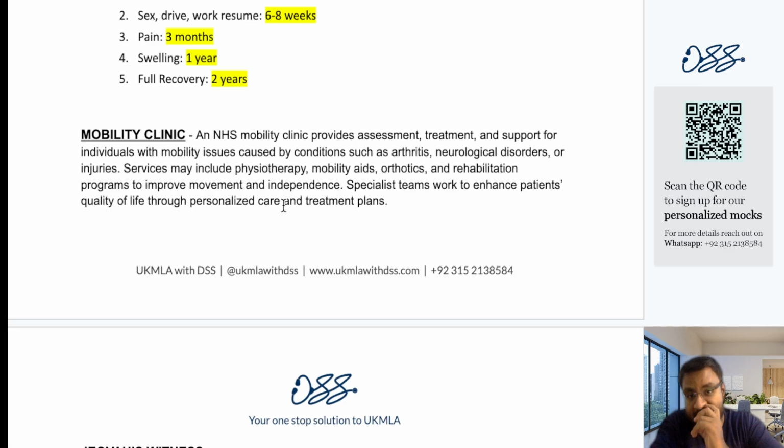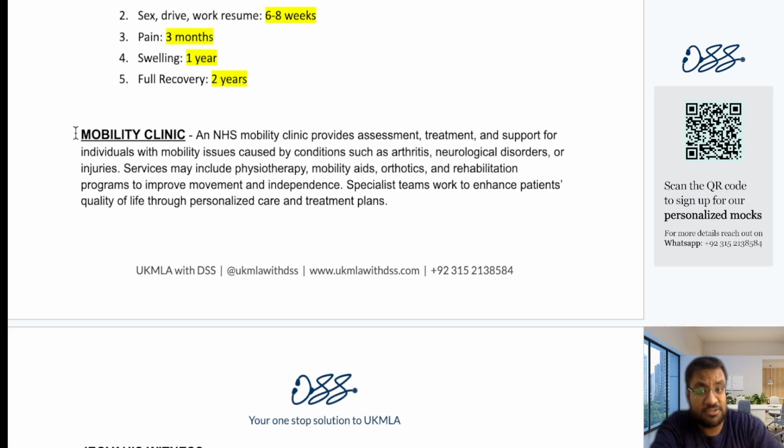Neurological disorders will be seen by neuro. Then the other aids would be there, like physiotherapy, and the rehab. The rehab programs and the rehab workshops would be there. They're also going to provide them with mobility aids like a walking stick or a walker, whatever works for that particular patient. So all of it would be provided at the mobility clinic.